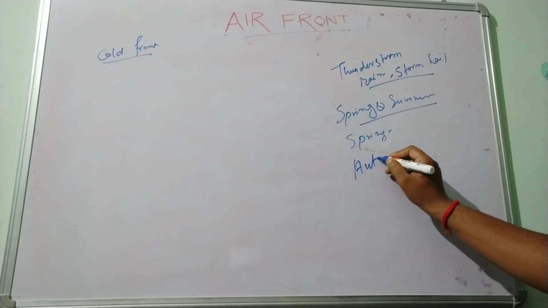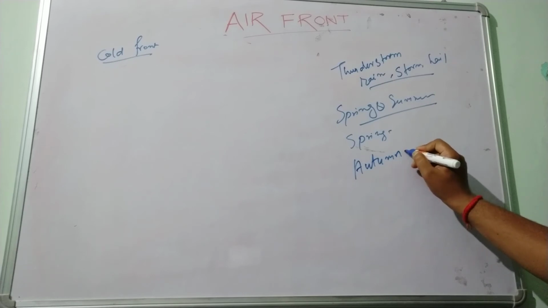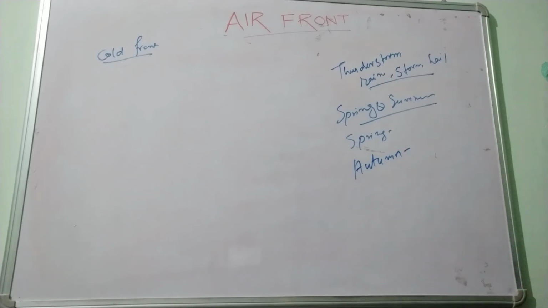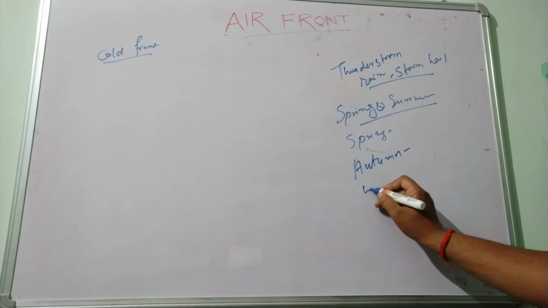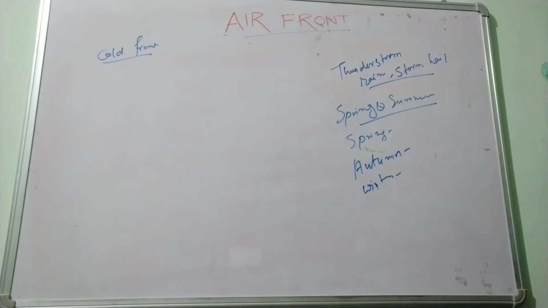In autumn, strong rains occur over large areas. And during winter, the cold air mass is likely to form in the frigid Arctic, so heavy snows occur in this region.